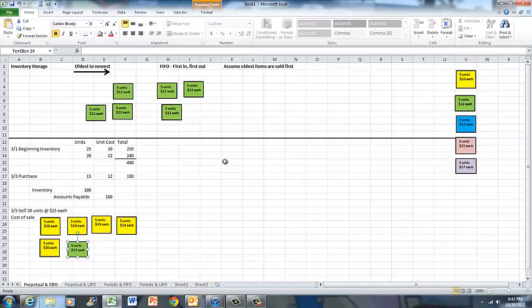So you notice that once we give those units to the customer, we no longer have them in storage. So we no longer have those $10 units, and now we have fewer $12 units because we've sold them.